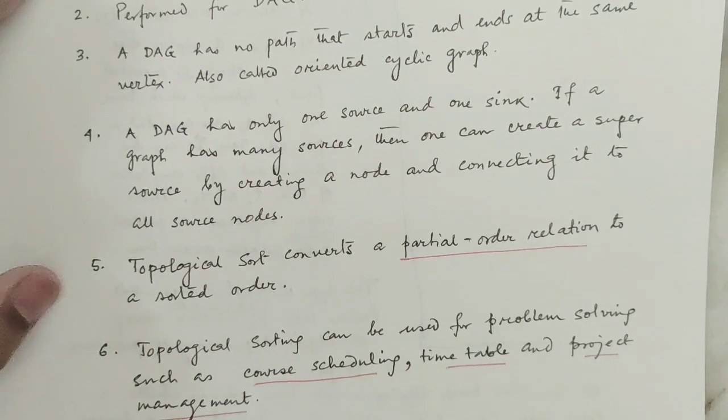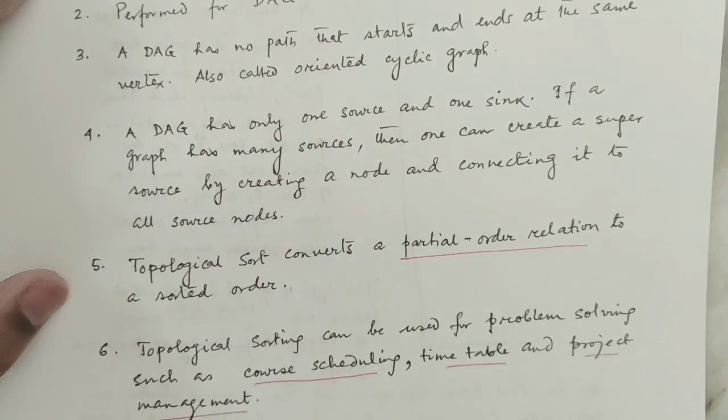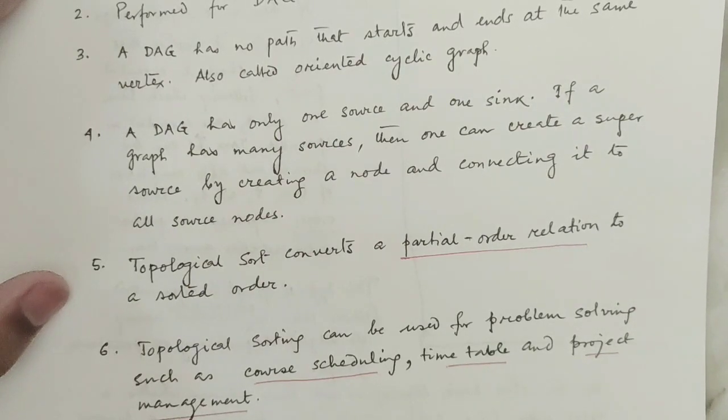And the DAG has only one source and one sink. And if a graph has many sources, then one can create a super source by creating a node and connecting it to all source nodes, that I also mentioned.